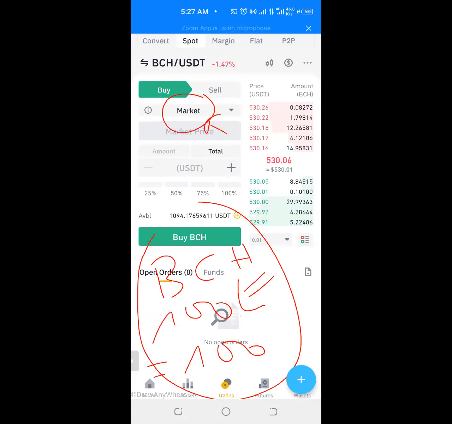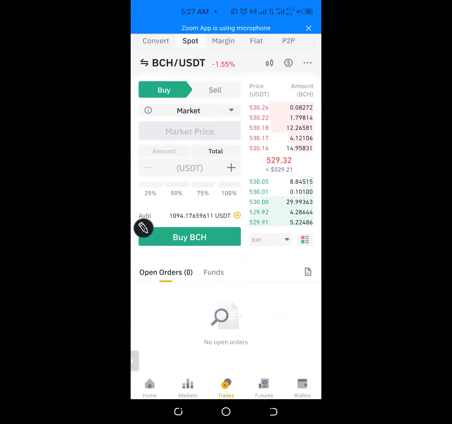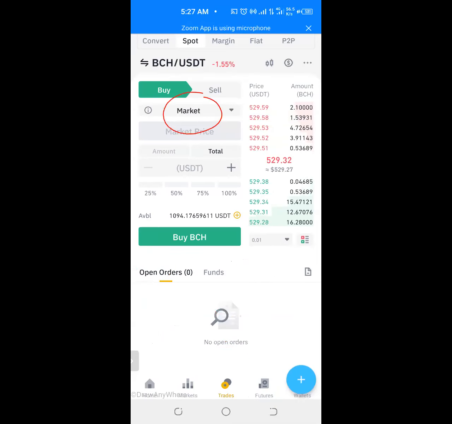That could be 1 minute, 2 minutes, 3 minutes, for somebody to either sell what you want to buy or buy what you want to sell. But on Binance, we have the option for market execution because of the high liquidity of Binance. And you can execute a trade instantly.